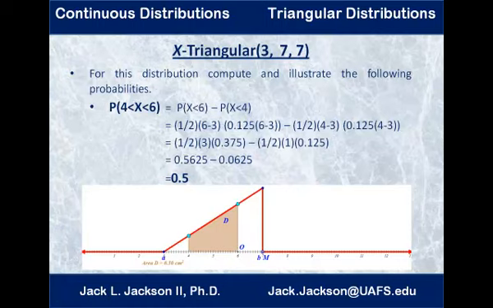Base is 1, 1/2 is in the formula. Multiply those together, you get 0.0625, and that's what we're subtracting from 0.5625, and we get exactly 1/2. So that shaded area is exactly 1/2 of the area of the total triangle, which has area 1. So the probability that x would fall between 4 and 6 is 1/2.